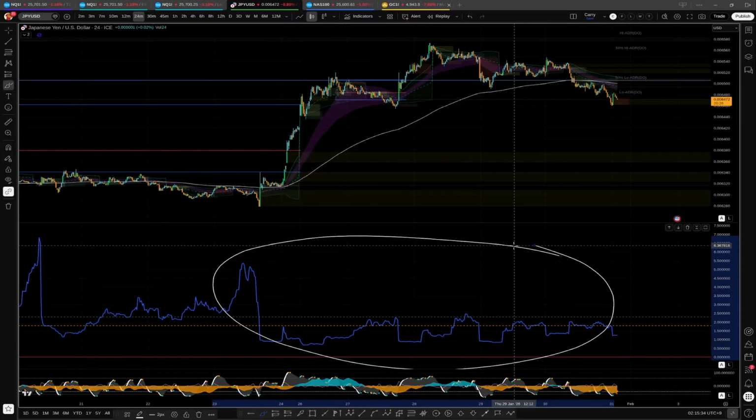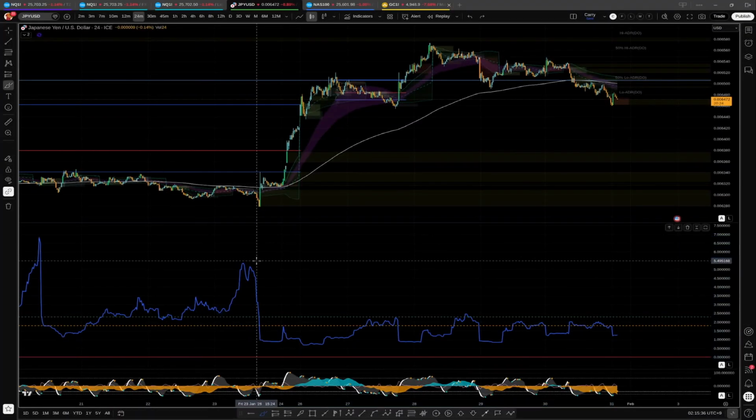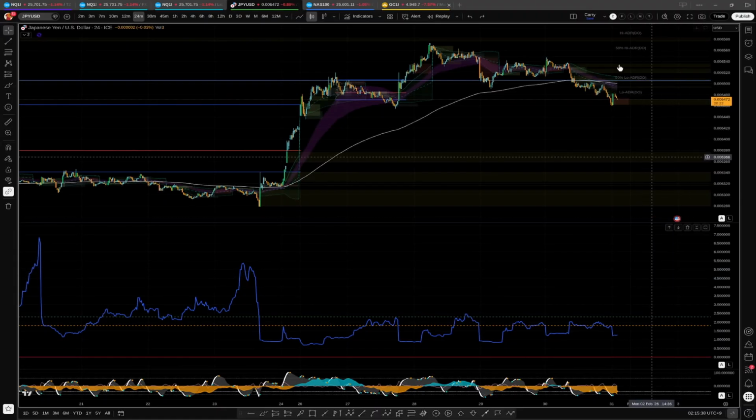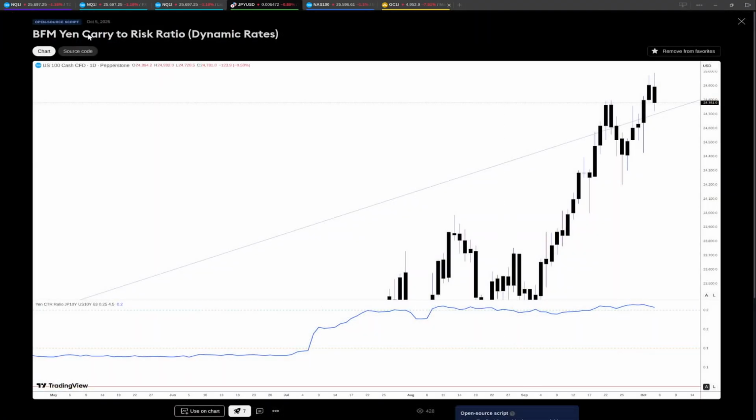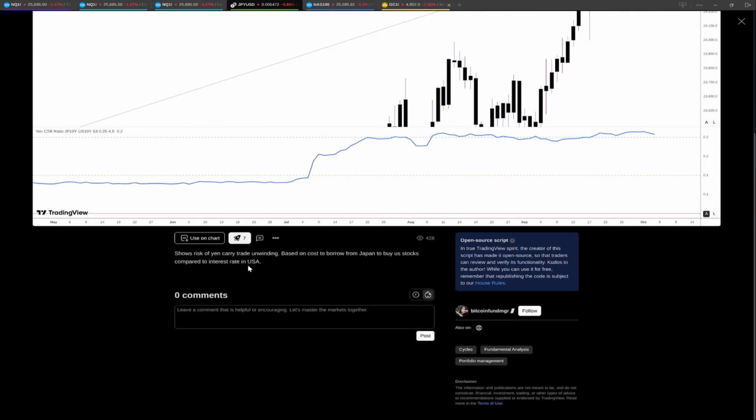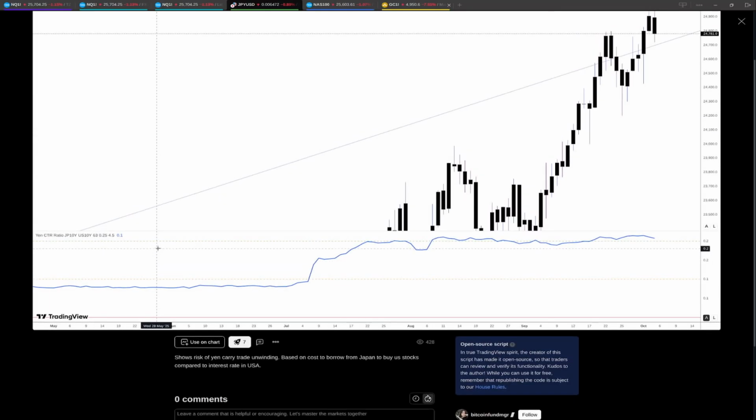This is the indicator we need to look at. Let me get the exact name for you. It's the BFM yen carry to risk ratio. Let's read the description here. Very simple. Shows risk of yen carry trade unwinding based on cost to borrow from Japan to buy US stocks compared to interest rate in USA.